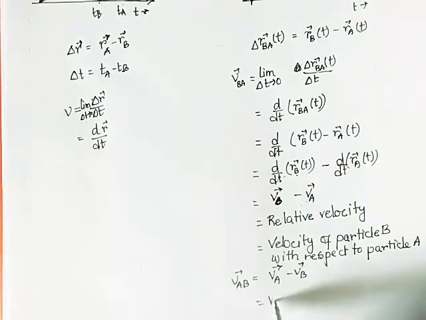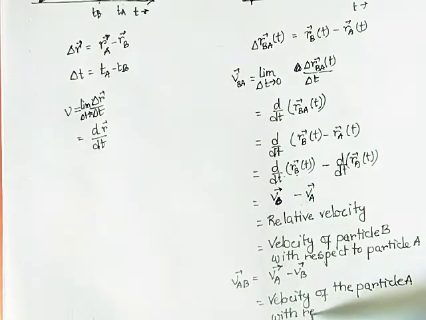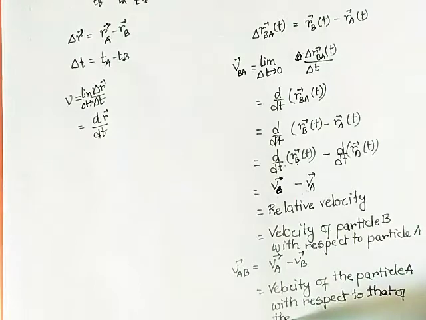This is the velocity of the particle A with respect to that of the particle B. Basically, if I see in this, then VBA and VAB are just opposite vectors to each other.